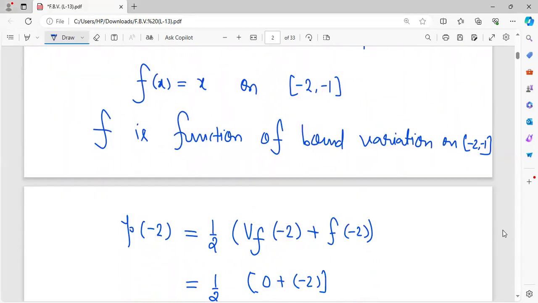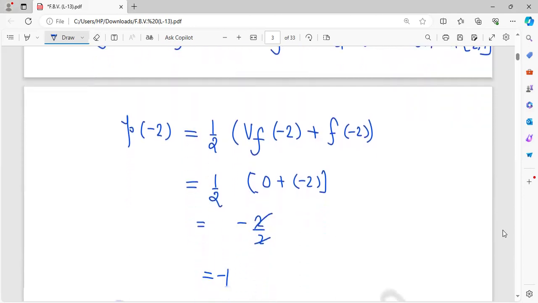Now you see that P evaluated at -2 is 1/2 (Bf at -2 plus F evaluated at -2). But we know that the variation function at the initial point is 0, so I put the value 0 in place of Bf(-2). And f at -2 is nothing but -2.